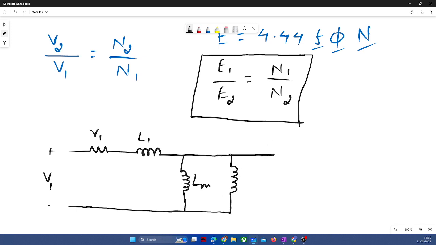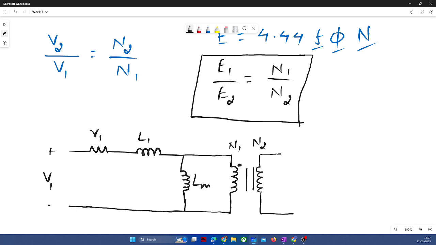Here, this will be the winding turns of your primary transformer, and this will be the secondary side. And this symbol, that parallel lines, denotes that they are isolated from each other.